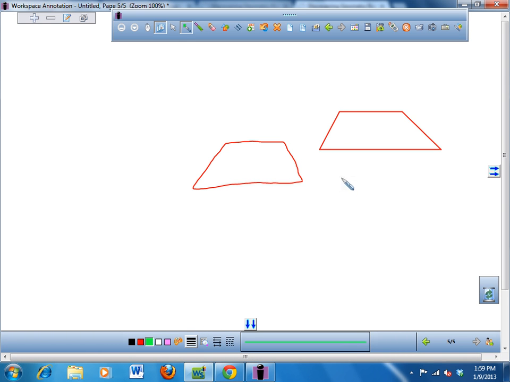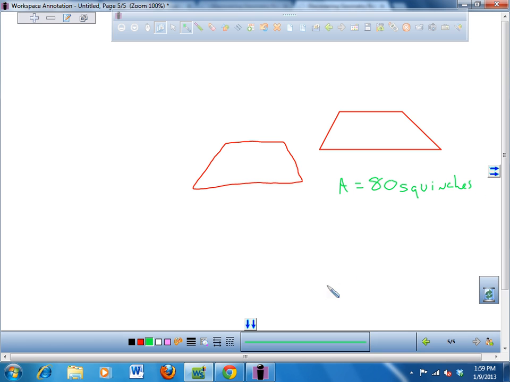What they tell you is that this is 4 inches, even though it's not to scale, and this over here is 8 inches. And they want you to find base 2.